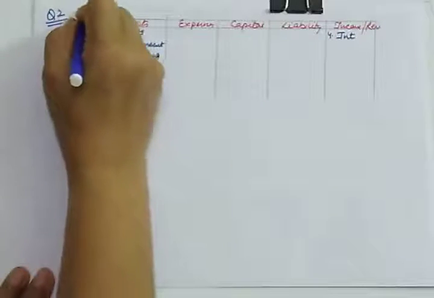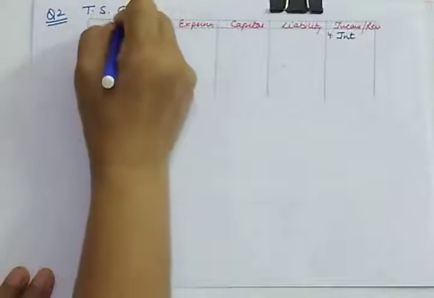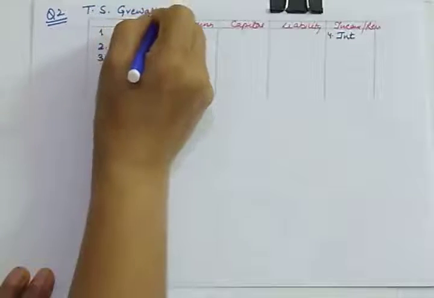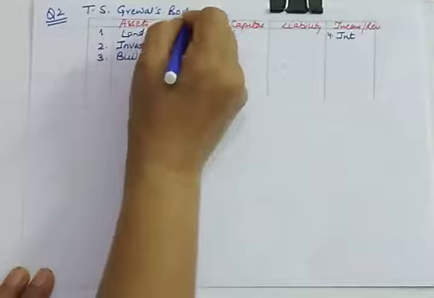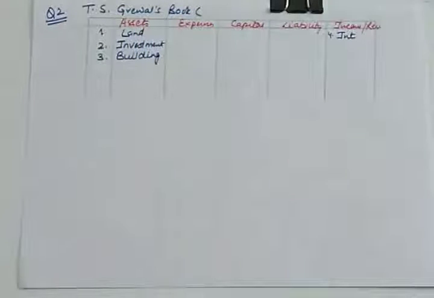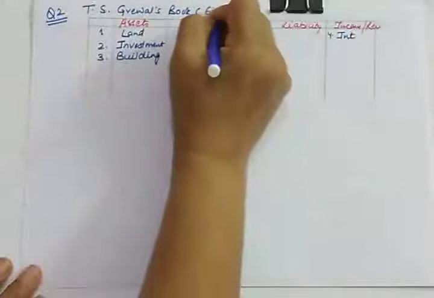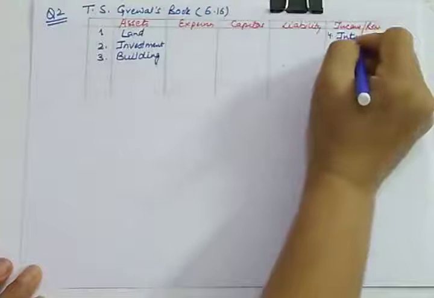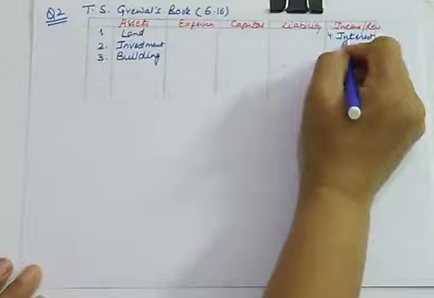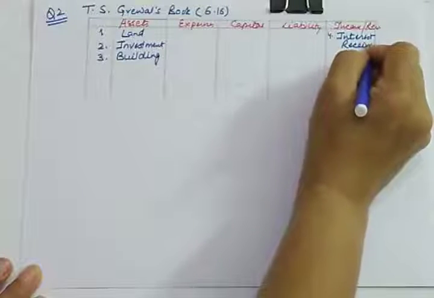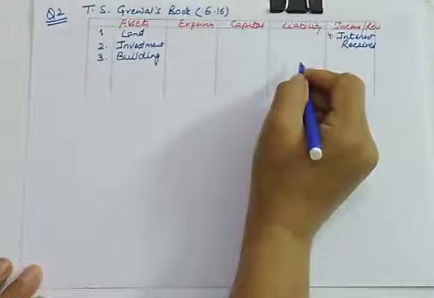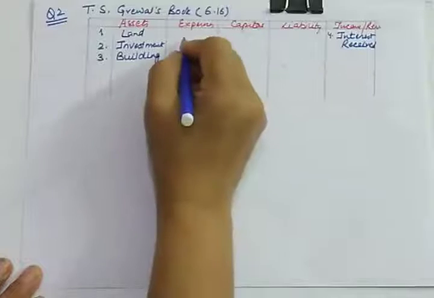Interest received is your income. This is question number 2 of T.S. Grewal's book. You can write the page number also. Page number is 6.16. And the next is salary. Salary is your expense.